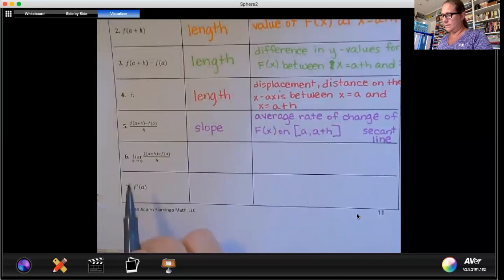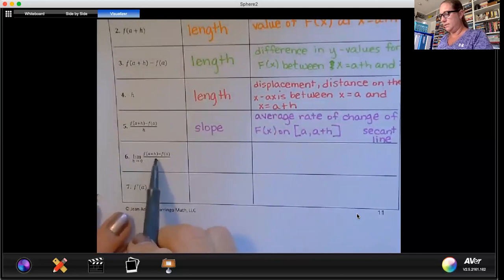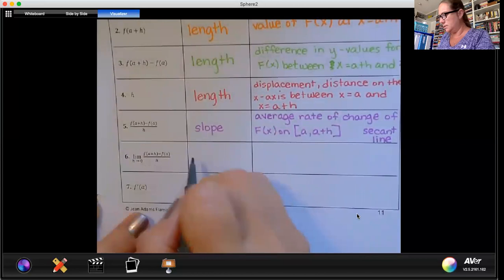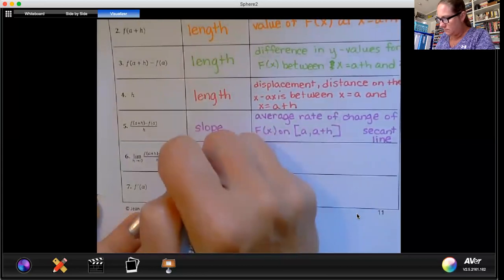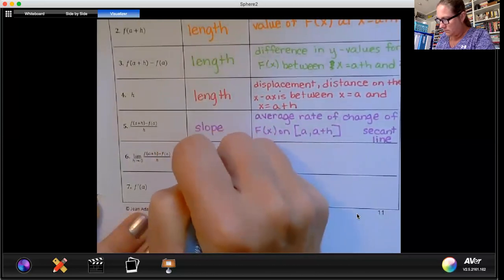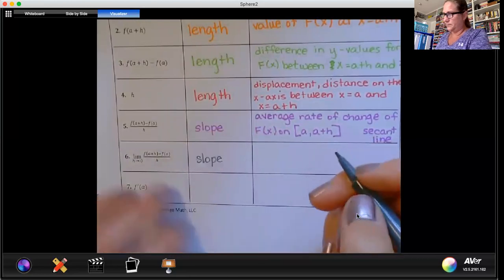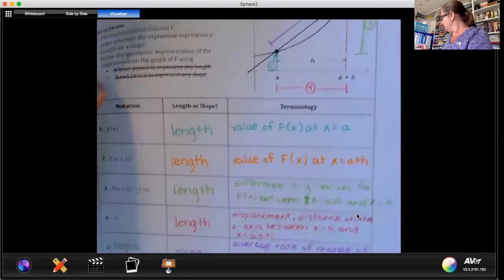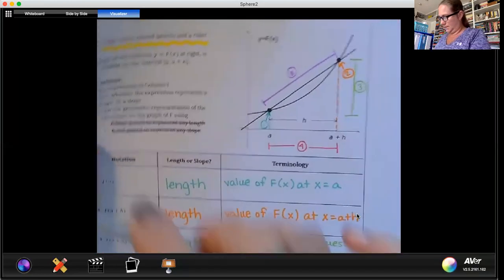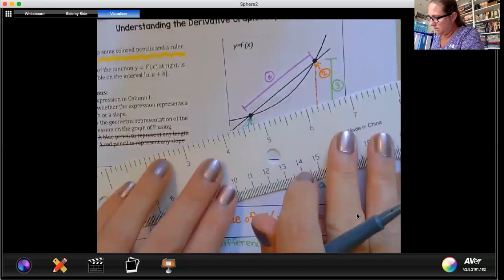Number 6, the limit as h approaches 0, f of a plus h minus f of a over h is also a slope. This is going to be the slope of our tangent line here at a.